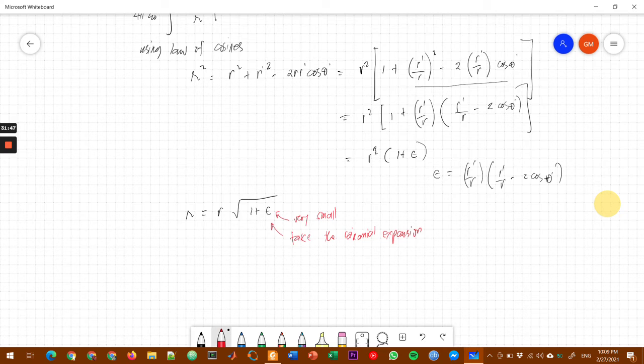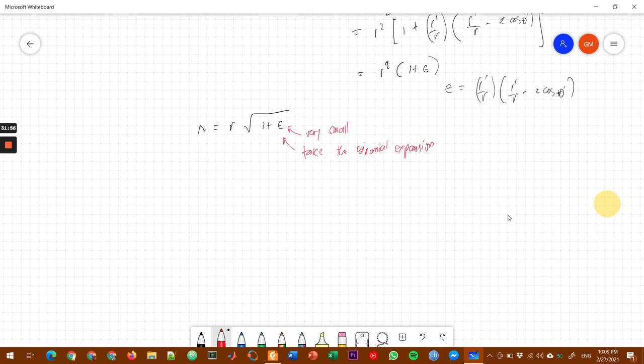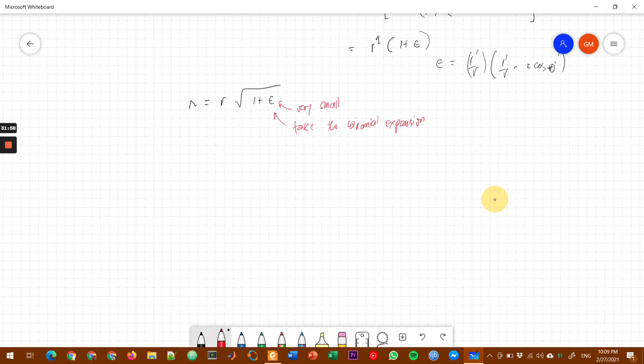We will take the reciprocal of this because we want the potential. This becomes 1 over r times 1 plus epsilon to the negative 1/2.